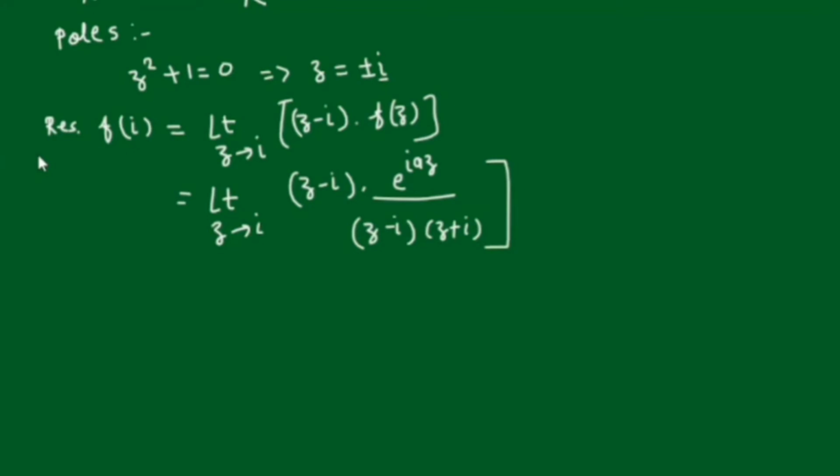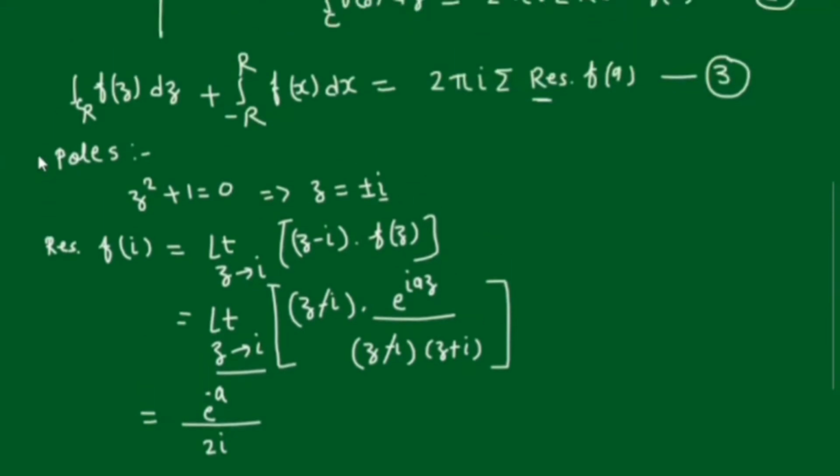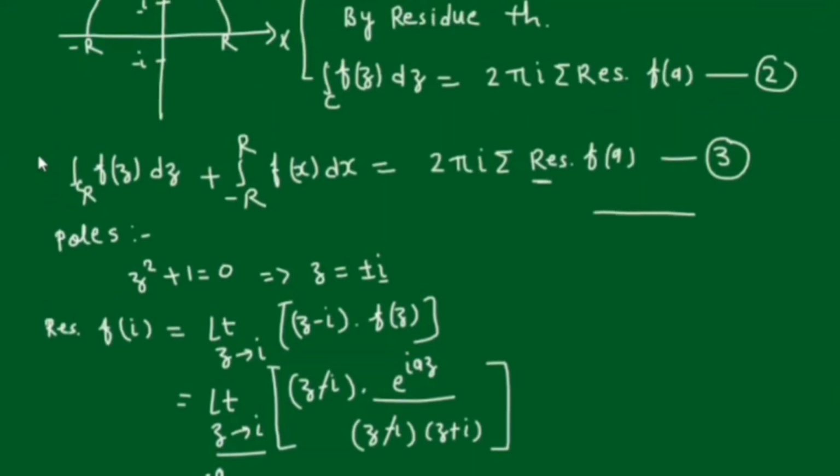I am writing z square plus 1 as (z minus iota) and (z plus iota). Now these z minus iota terms will cancel out each other, and after applying this limit we will get e to the power minus a divided by twice of iota. Now we put this value in our equation number 3.